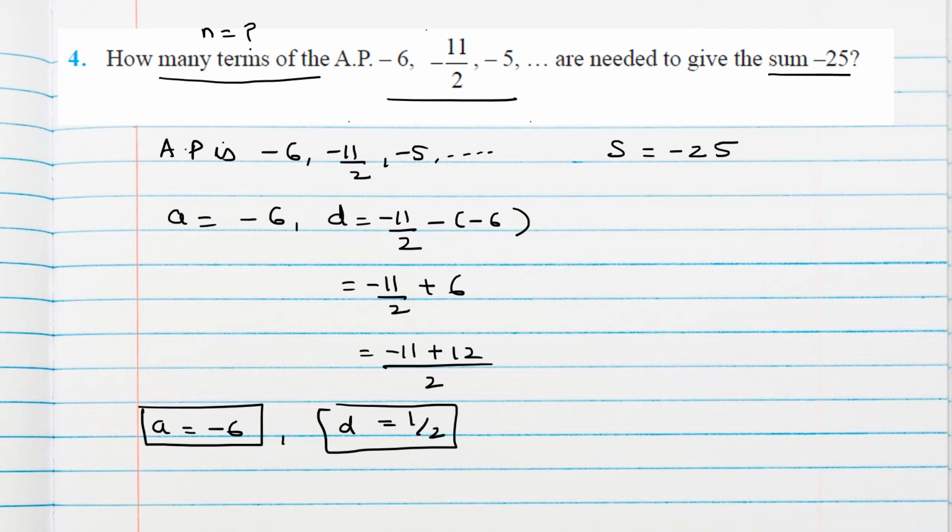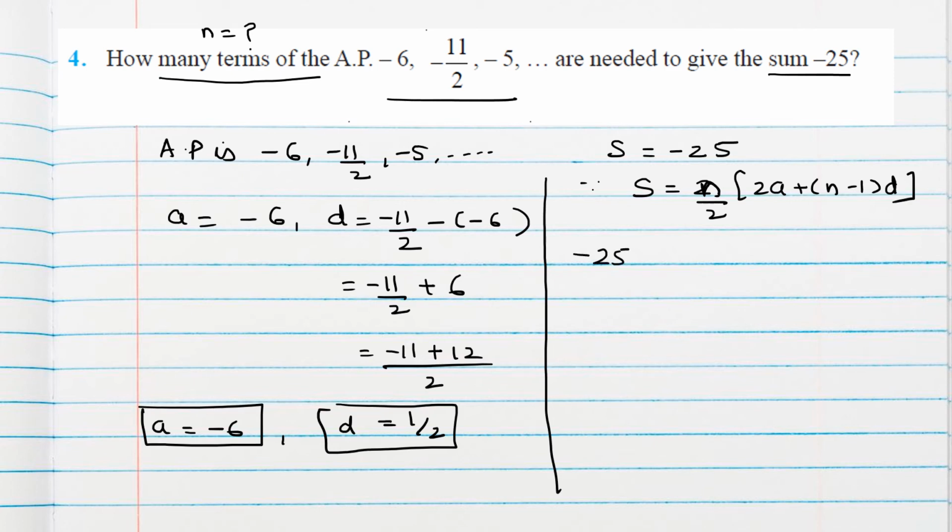Okay, so this sum formula we can write here: sum is n by 2 into (2a plus n minus 1 d). This is given minus 25, n is not given, a is minus 6, d is 1 by 2.